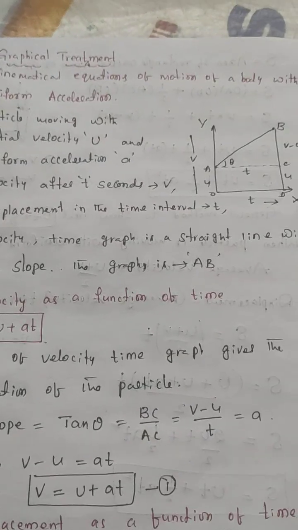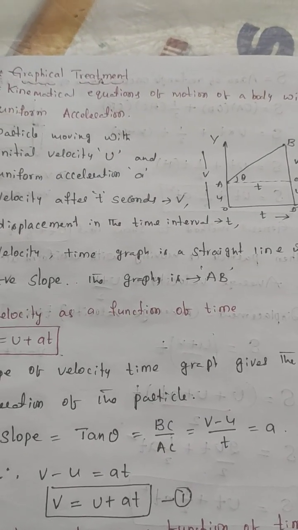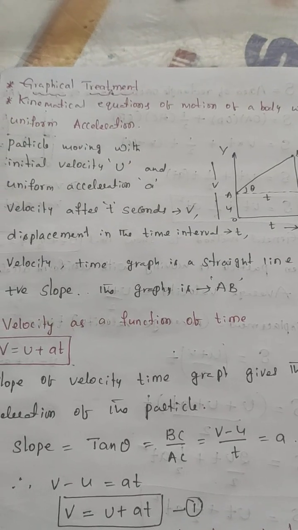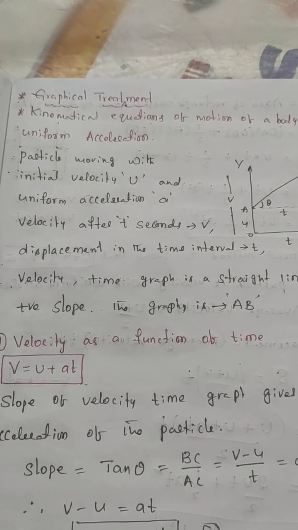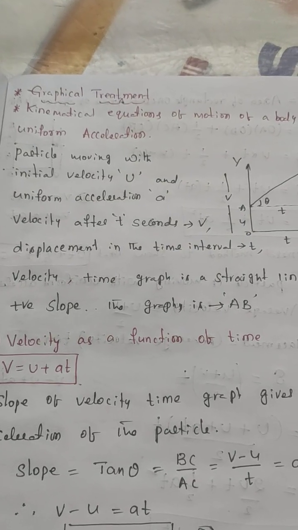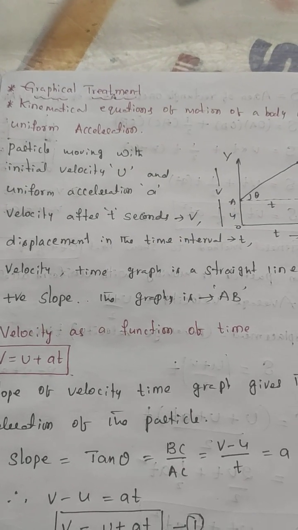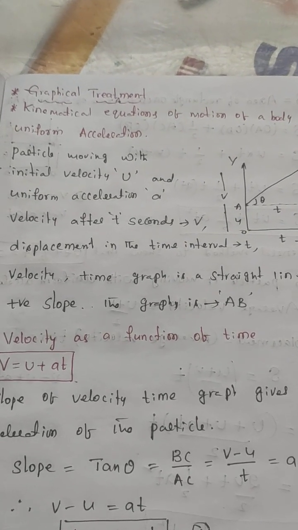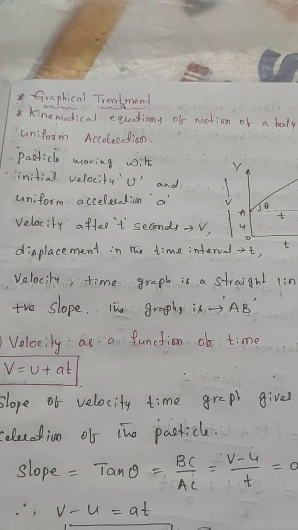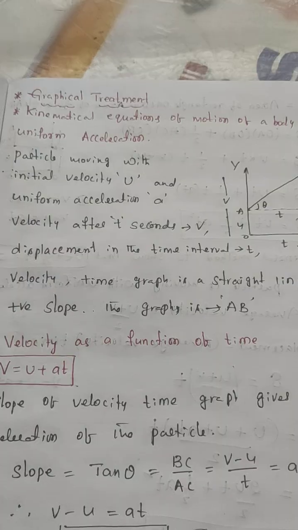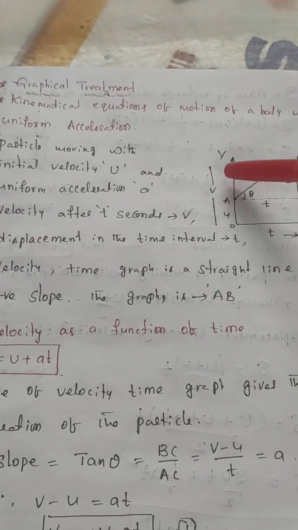Now we are taking a v-t graph. The body has initial velocity u and is moving with uniform acceleration a. Here u is the initial velocity and a is the uniform acceleration. After t seconds, the velocity is v.